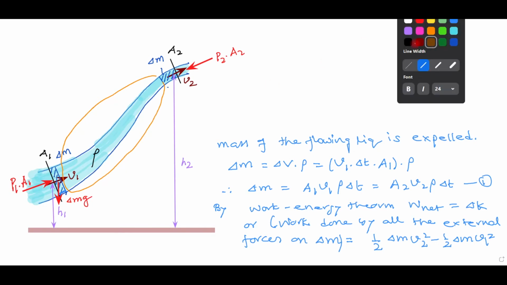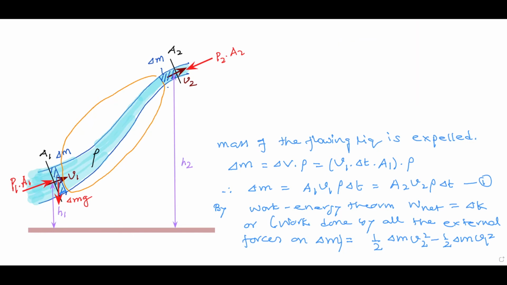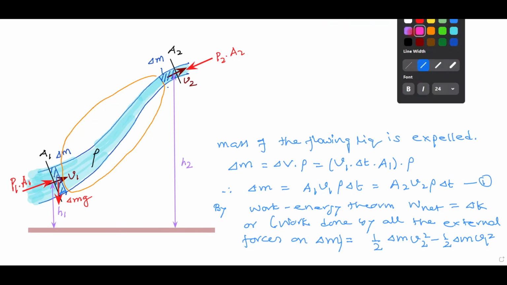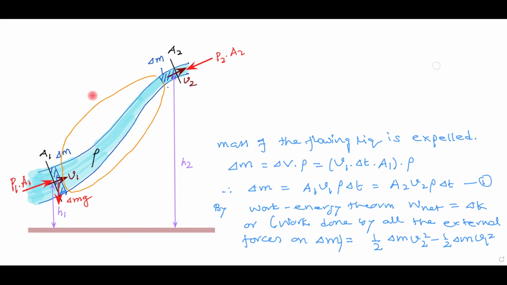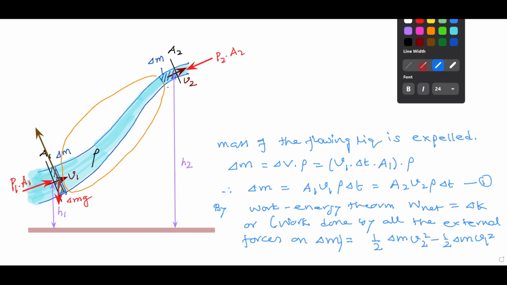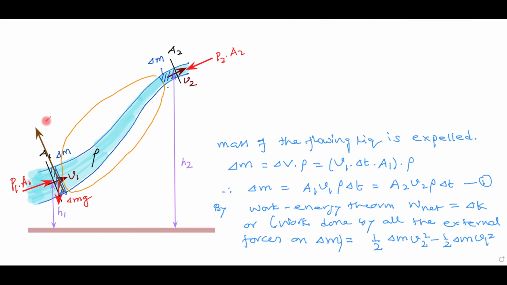And there is another external force, which is the net force exerted by the wall of the pipe. The wall of the pipe exerts a net force, the normal force, which is N.